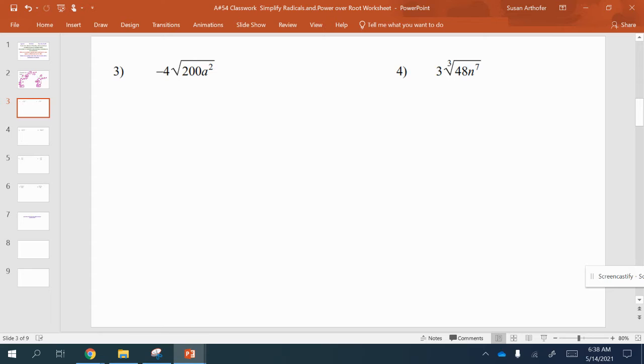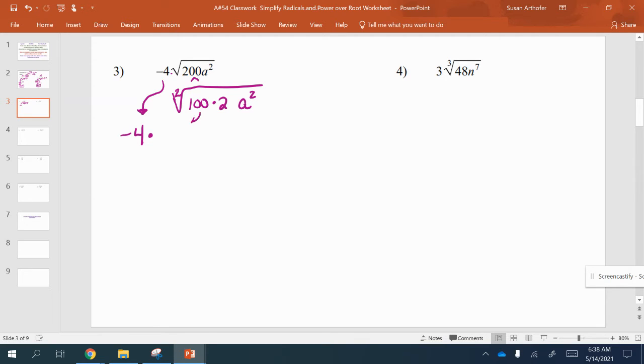So this example was just to show you what to do when you have a number on the outside. There's a hidden multiply dot there. So whatever comes out of the radical will be multiplied by -4. For the radical, remember this is a square root, so there's a hidden 2 in there. I'm going to break up 200 into 100 times 2, and I'm just going to put a squared next to it.